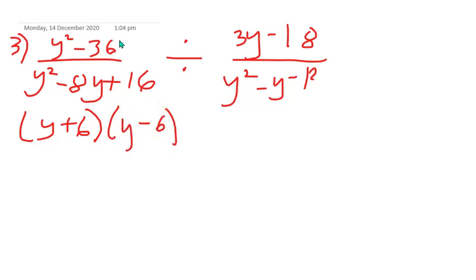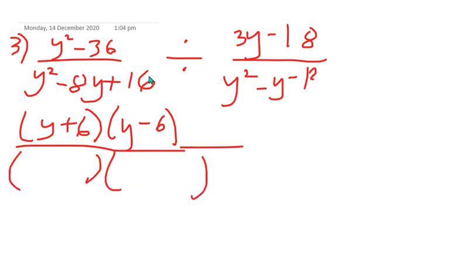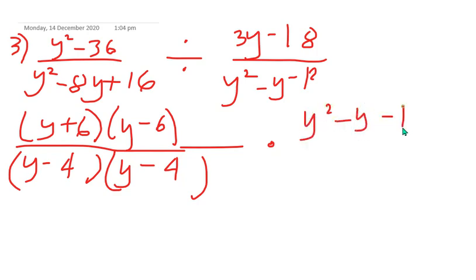Why? Because you get the square root of 36. Here, using trinomial factoring, we have 16. This is a perfect square trinomial, so y minus 4 times y minus 4, times y squared minus y minus 12 over 3y minus 18. Then we're going to factor the divisor.